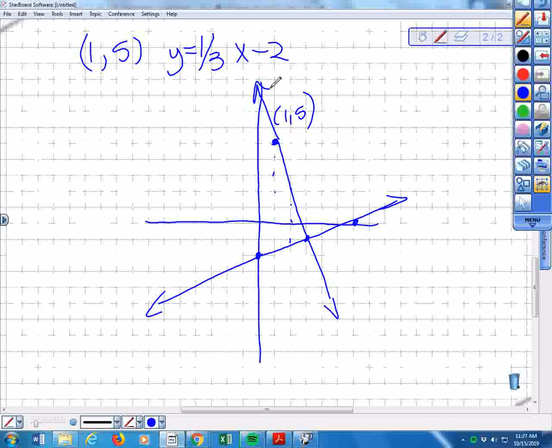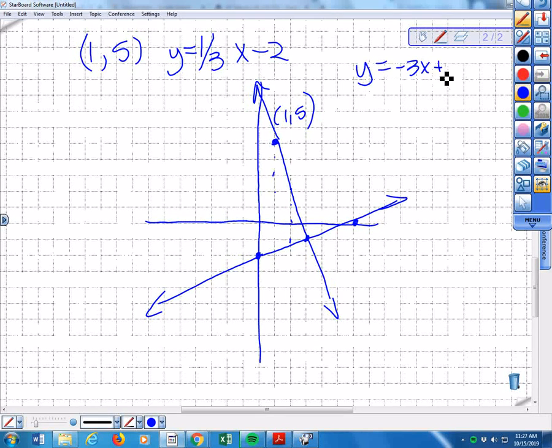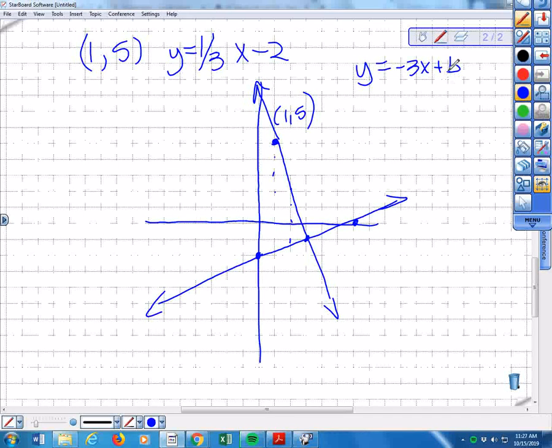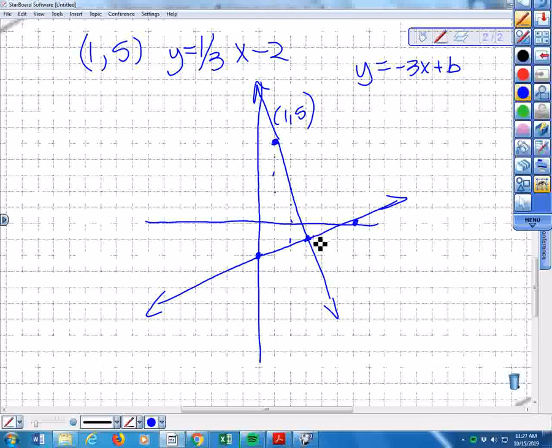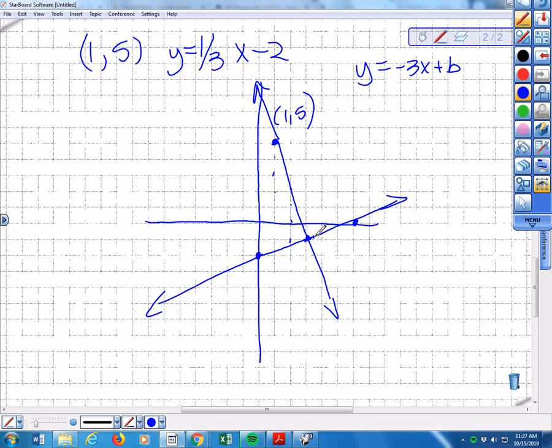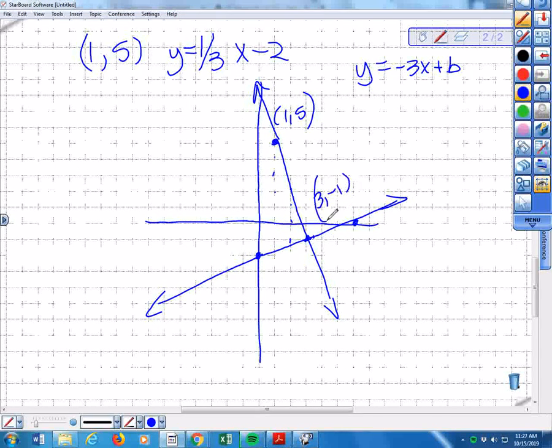Well, I have the slope. So I can use the same thing I did. I know this is my intersection point. So I know this point's on it. Right? It's going to go through at that point. So I can use this point, 1, 2, 3, -1, to plug in for x and y.